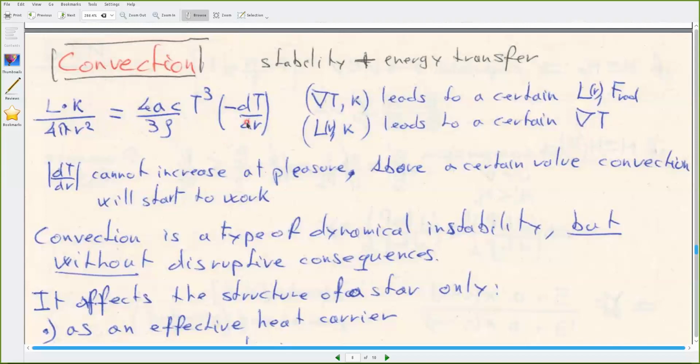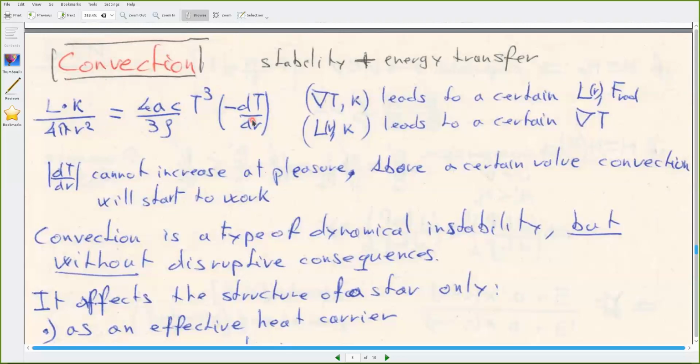This is also the reason why the radiative luminosity transfer equation is a two-way equation. Because you have a certain gradient, opacity, density, and you will know how much is the luminosity permitted, or what is the luminosity with that value, but also if you have a certain luminosity and a certain opacity, you get to know how much is the gradient.